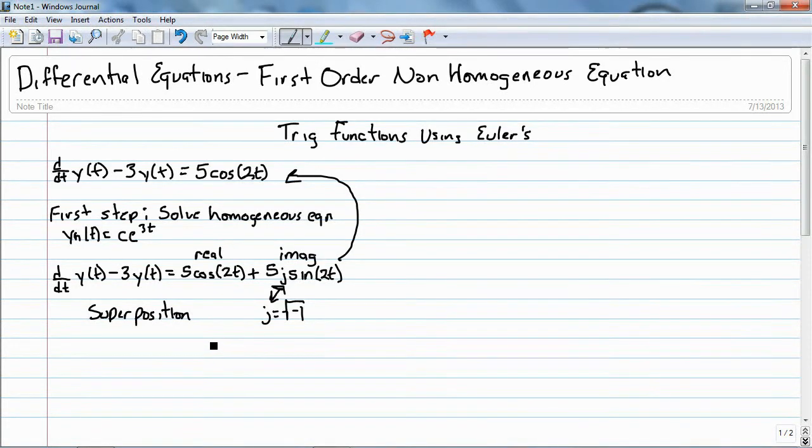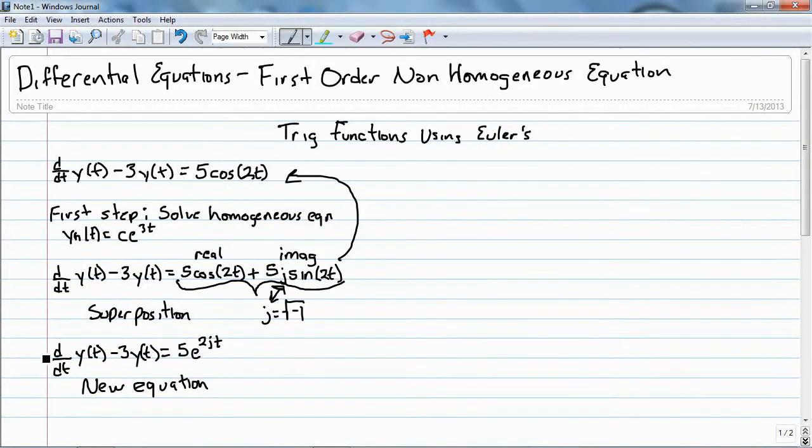Okay, now this is just Euler's, this part here. I can simplify that down, and I'm going to have this brand new equation to solve. So this is, and let me stress this, this is a new equation.